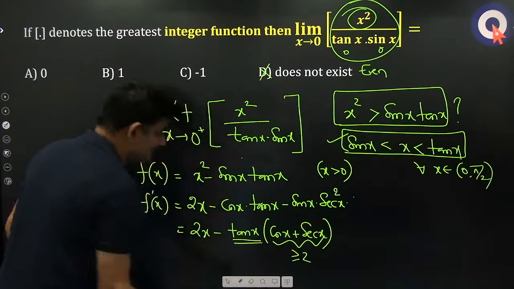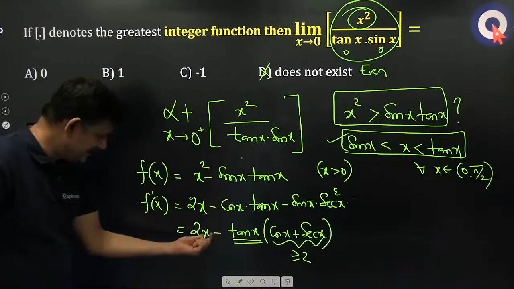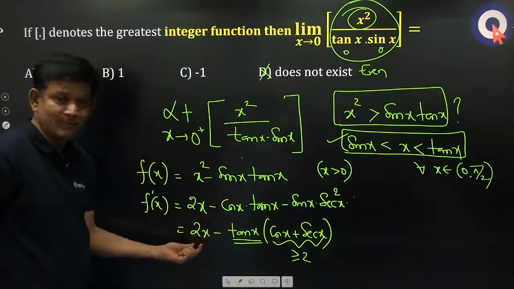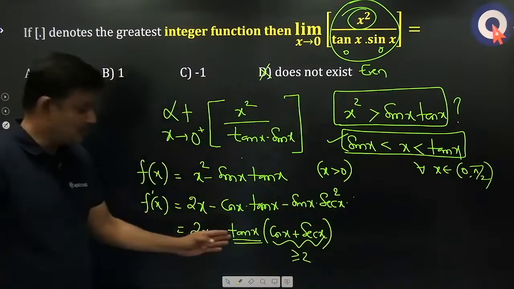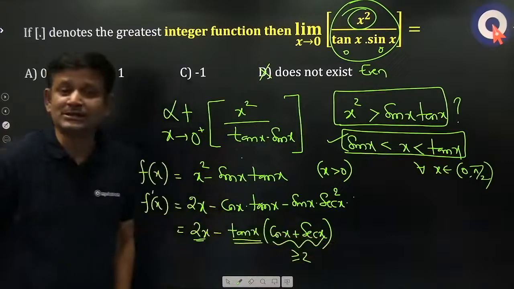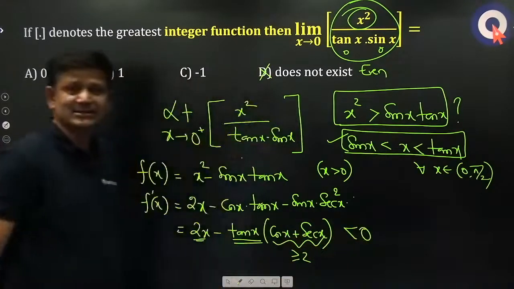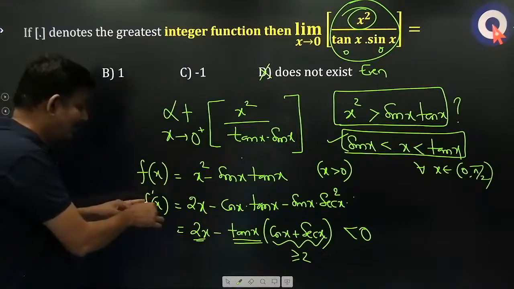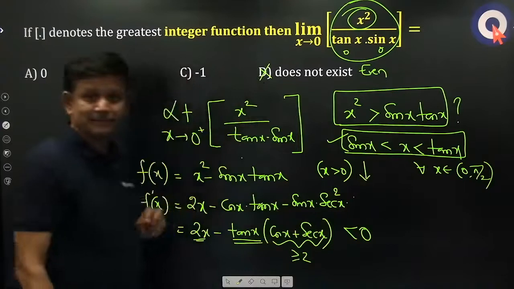And tan x will always be greater than x. So on the whole, 2x will be much smaller than tan x into cos x plus secant x, so this expression is negative. F dash x is negative, so f of x is a decreasing function.